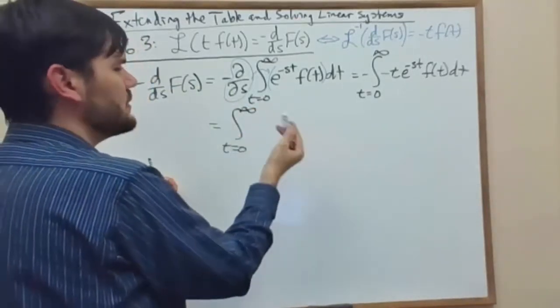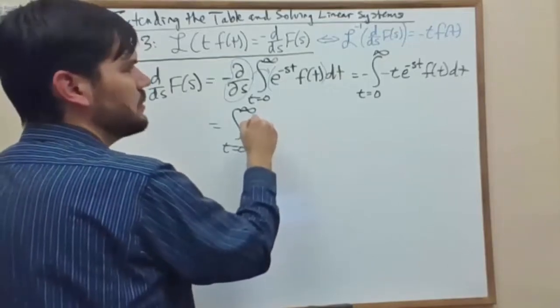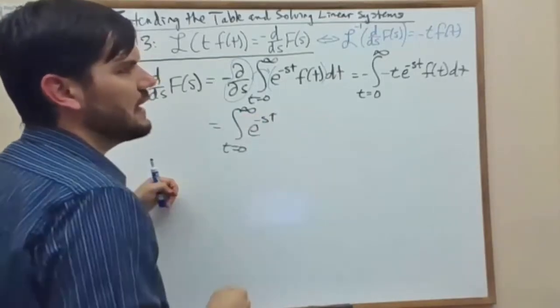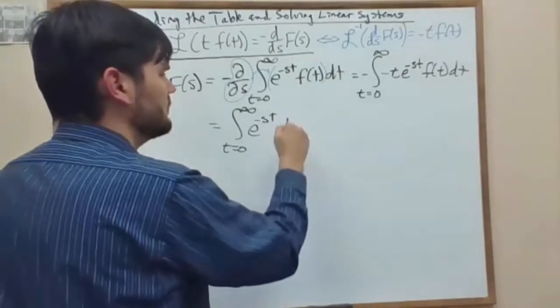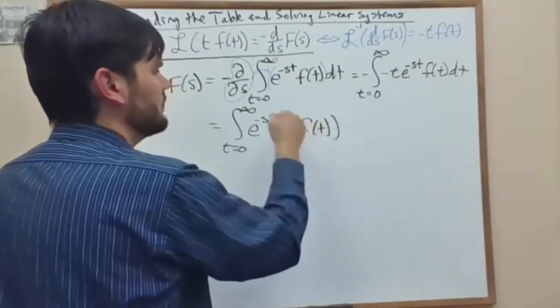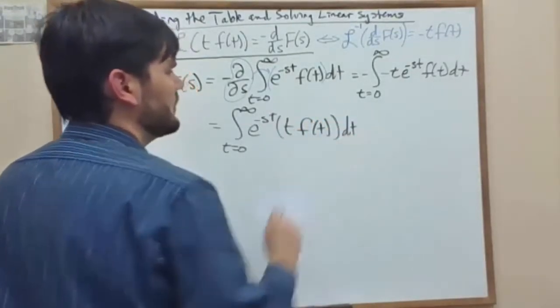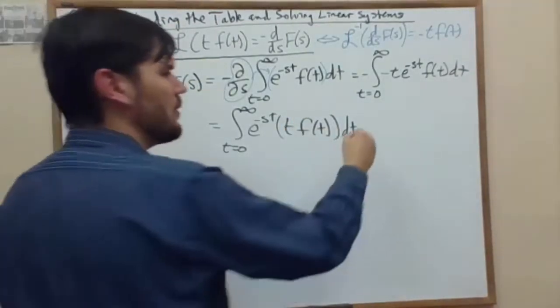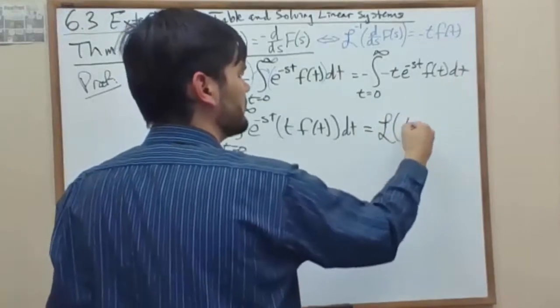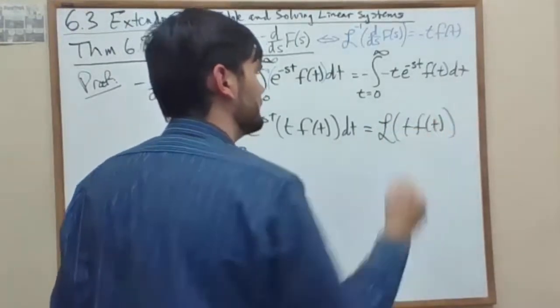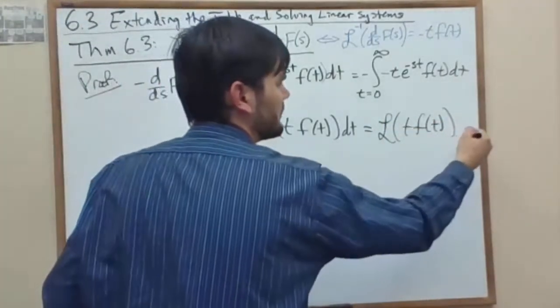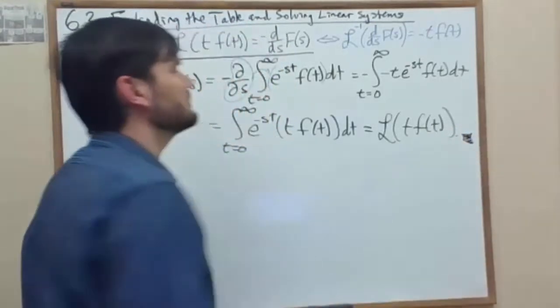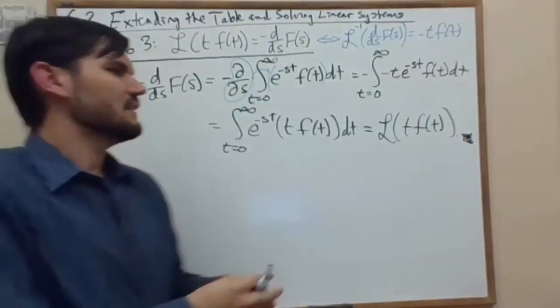We want to write it as a Laplace transformation, so we want to put the e to the negative st first, and then what's left is a t times an f of t. And so this t times f of t is what we're transforming. Done. That's a very short proof.